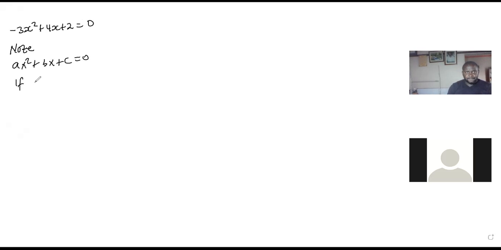If b squared is less than 4ac, then the equation has no roots.